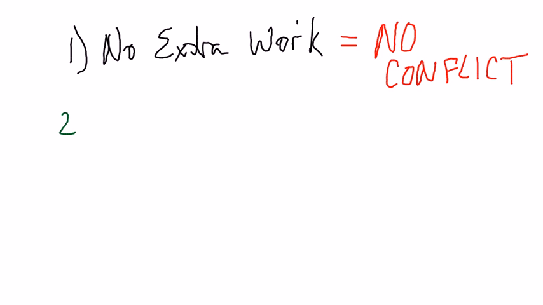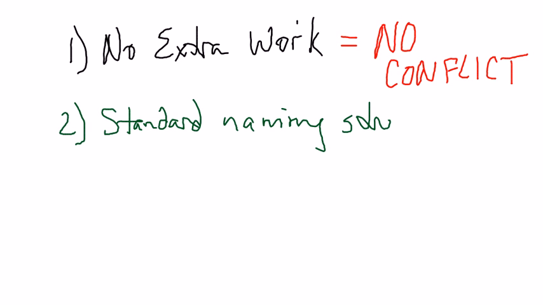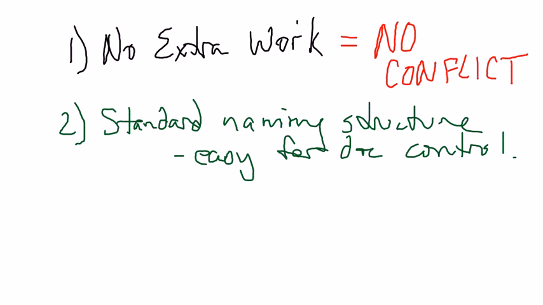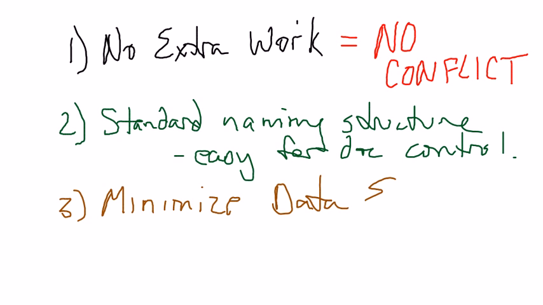The second item on the list is the standardized naming structure. So it's easy for doc control across all of the vendors. The third is to minimize data entry, which will make all of your doc control people happy.